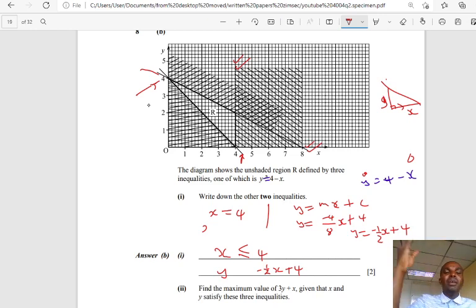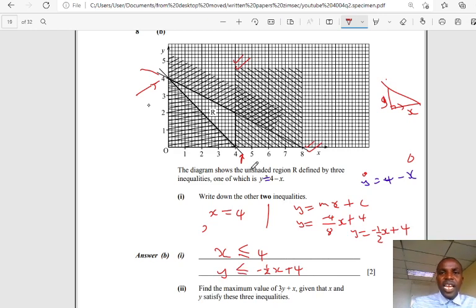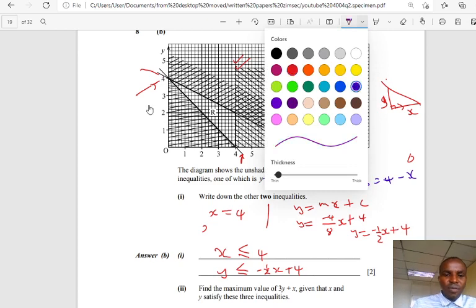Above is greater than, below is less than. So the less than side is the needed region, the one that defines our inequality. So it's less than. Then the line, is it bold or dotted? It's bold. You put or equal to, like this. Done. Then next part.